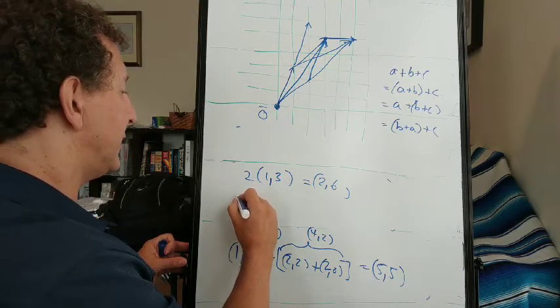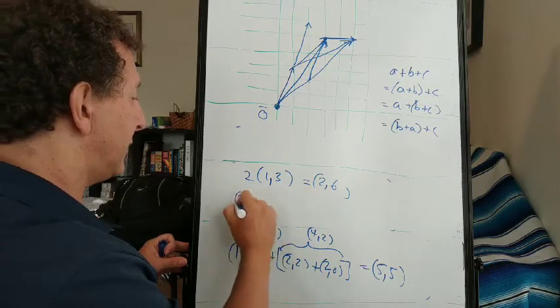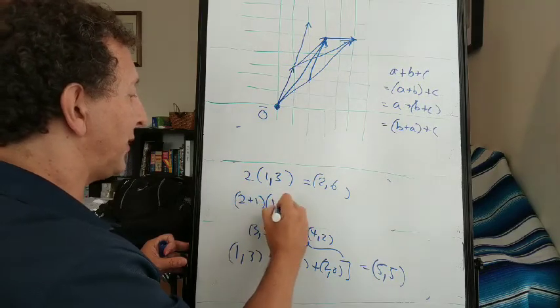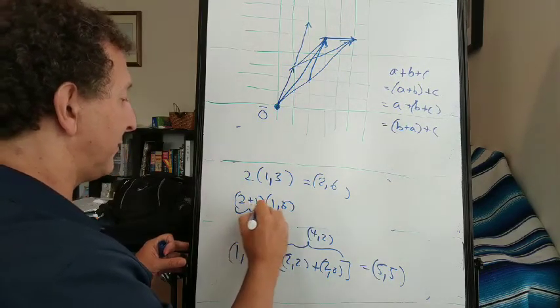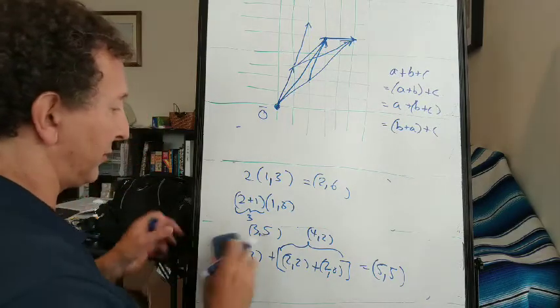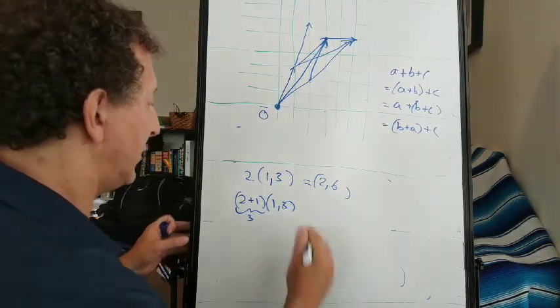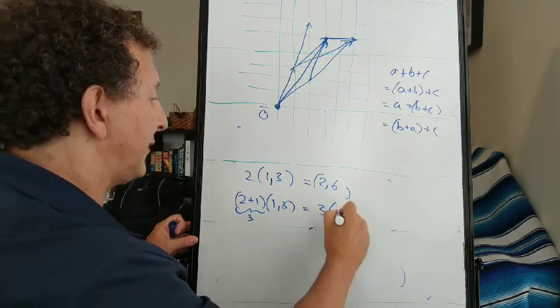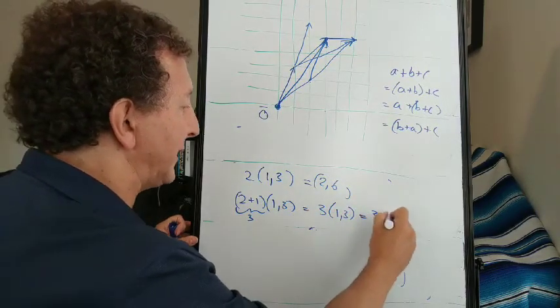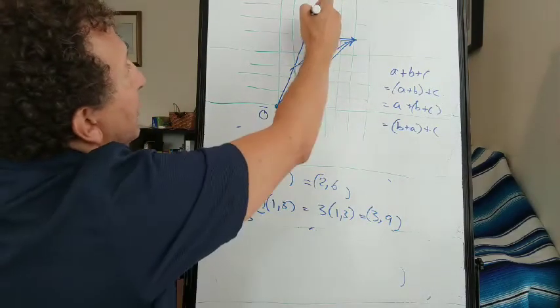If we write 2 plus 1 times (1, 3), so that's just 3, of course. That's 3 times (1, 3), which is (3, 9). So I go up another (1, 3).